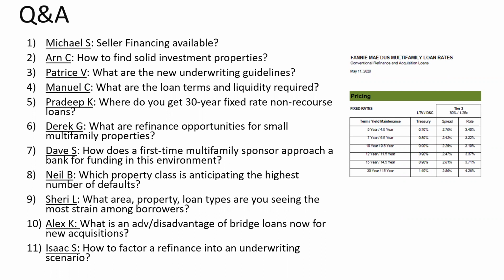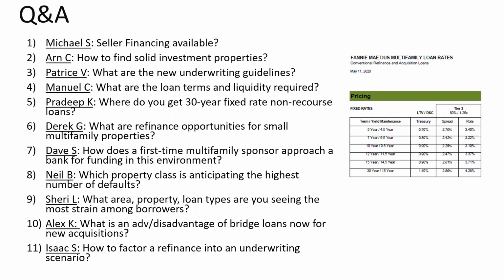Number eight, Neil asks, which property class is anticipating the highest number of defaults? Right now what we're seeing is your top end, new developments, lifestyle, that is having the biggest struggle, as leasing velocity has slowed a lot in that space.